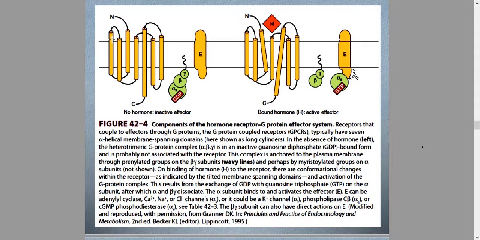Right? 7 because the receptor actually contains 7 alpha helical domains. So you can count the cylinders: 1, 2, 3, 4, 5, 6, 7.